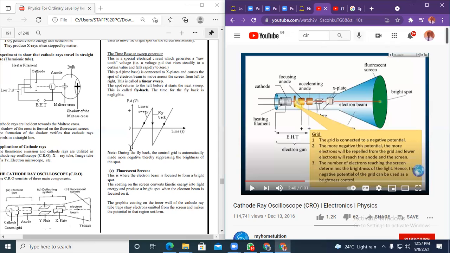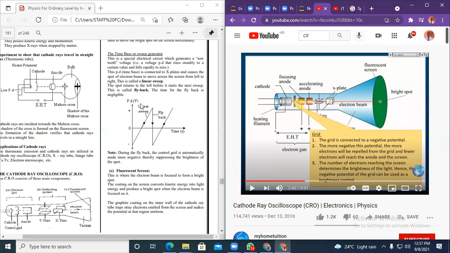The spot will go from left to right, then all of a sudden you see it again from left to right. You cannot see it coming from right to left. Why? Because from right to left, that time is very small, the shortest time, so you cannot see it. It changes rapidly back to the left and then starts again.